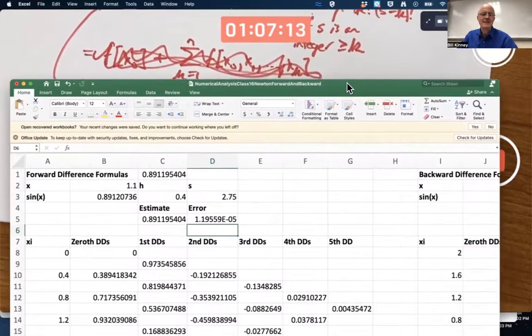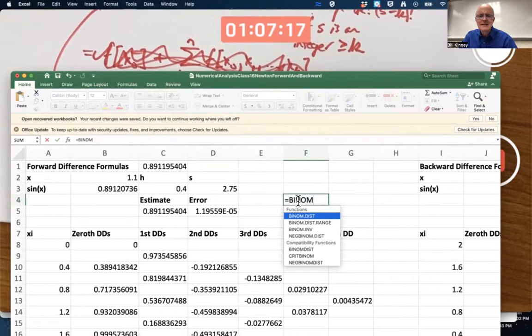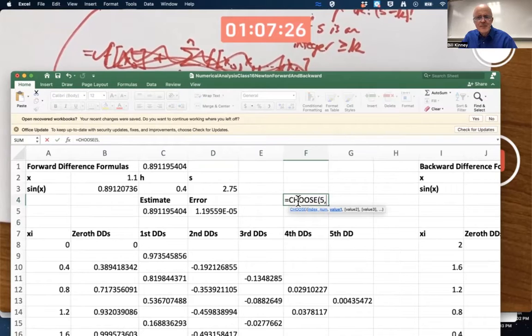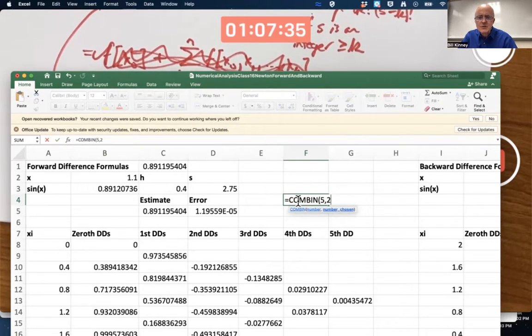I didn't test this ahead of time. Does binom work in spreadsheets, or maybe choose? Okay. No, I think it's equals combin. This combination is like 5 choose 2.